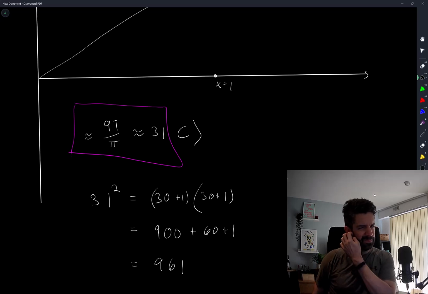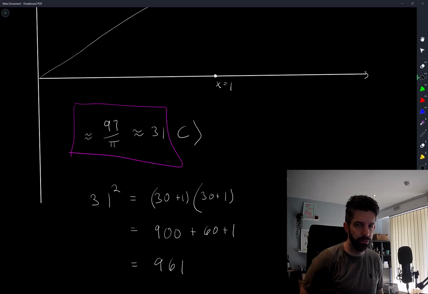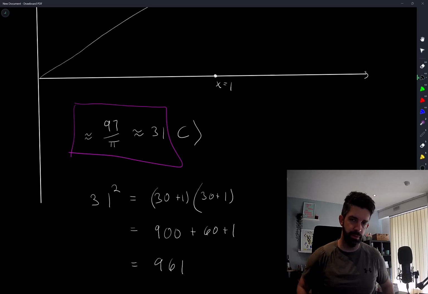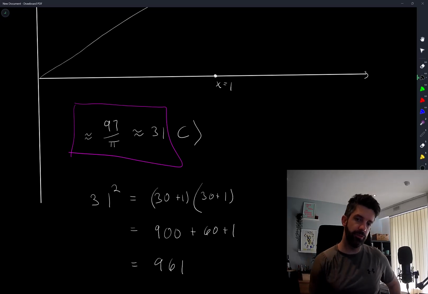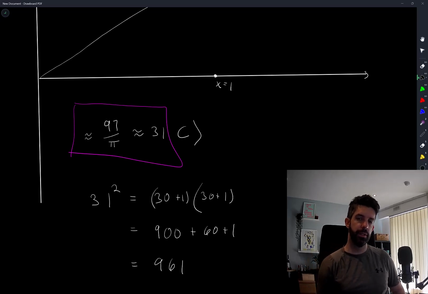I did in this case use not exactly process of elimination, but I just recognized that one of these options is approximately 1/3 of this number 97. So 97 divided by pi is closest to 31 out of all these options.